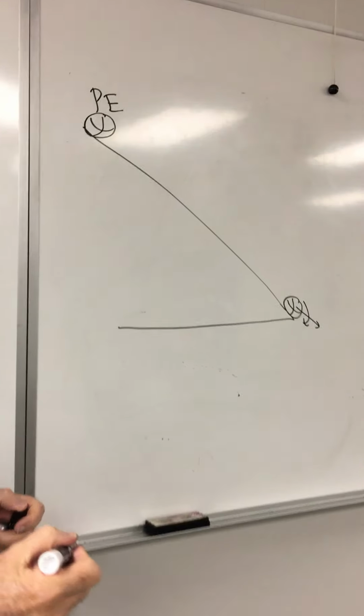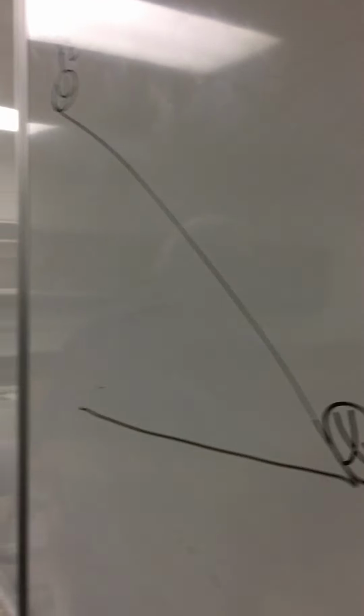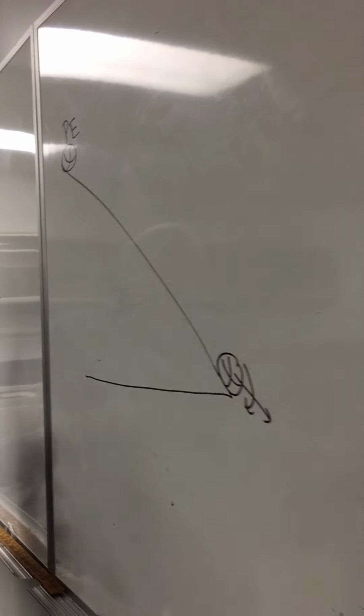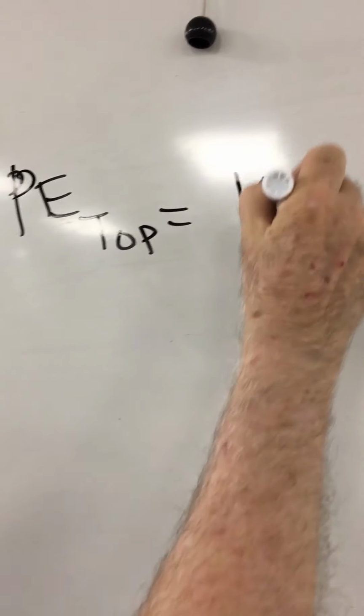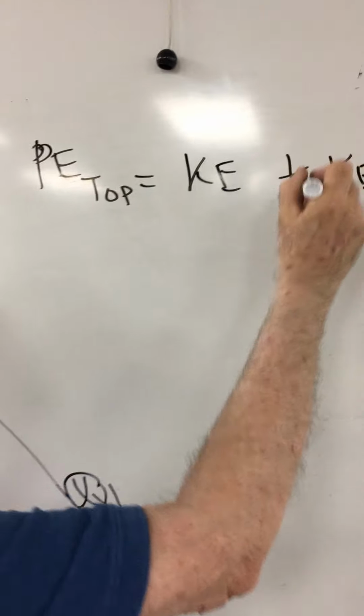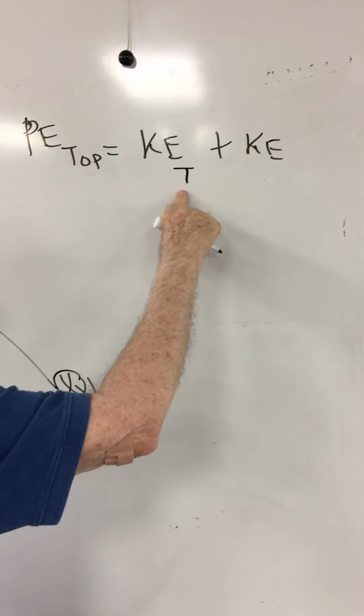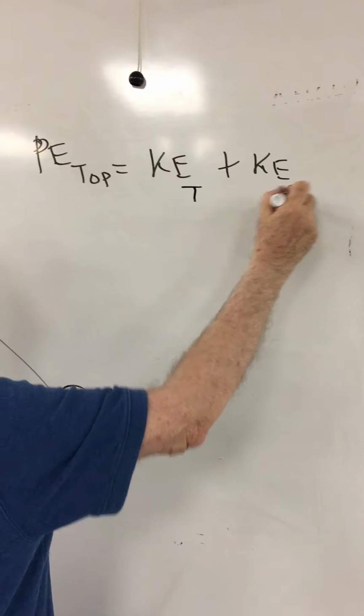One kind is 1/2 mv squared, and then we have our new friend 1/2 I omega squared. All right? So I'm just going to write it up here. We're going to say the potential energy at the top will be equal to the kinetic energy at the bottom, because we actually have two kinds of kinetic energy, translational and rotational.